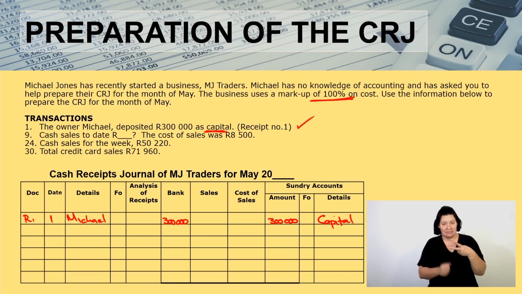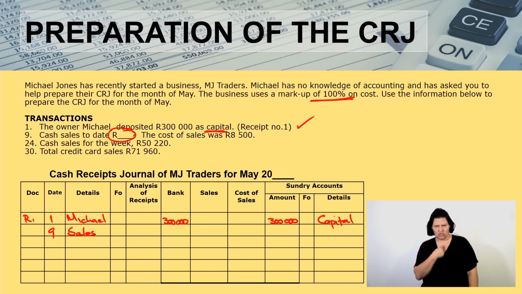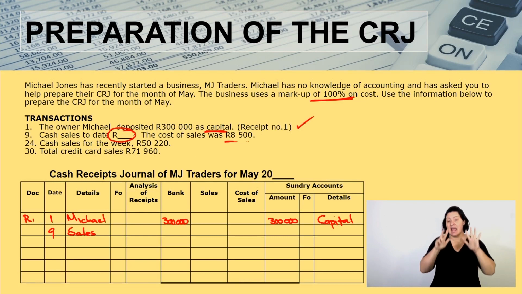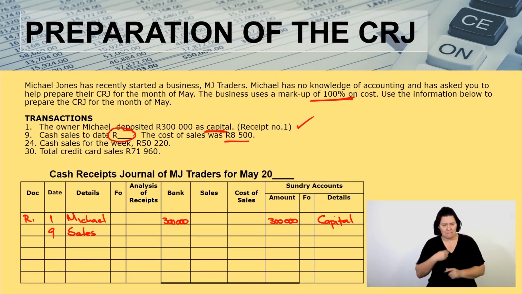The second one now is on the 9th. It says cash sales. So we are coming here on the 9th. The details, cash sales. So I'm going to say sales here. And then it says there is no rand value given. This is a bit weird. Let's see. The cost of sales is 8,500. But I don't have sales.